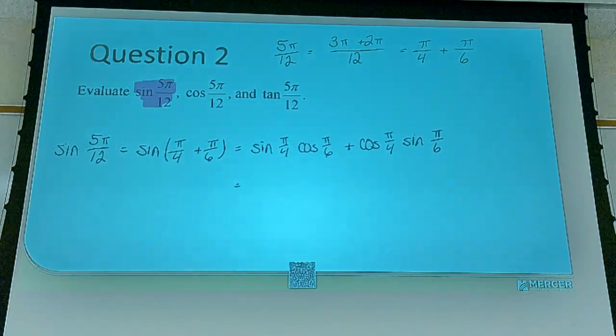What did we say it was? Root 2 over 2. What about cosine of pi over 6? Root 3 over 2. What was cosine of pi over 4? Root 2 over 2. What is sine of pi over 6?